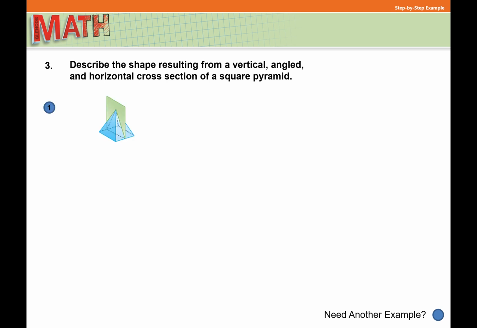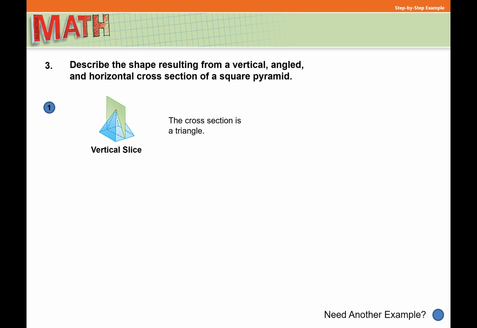Okay, so if you imagine a square pyramid, so it's a square base, and then you take the triangles to meet on a vertex, and imagine just taking that green, we'll call it a sword, and we're just going to slice right down the center. In a vertical slice, you're going straight up and down. What is the cross section going to be?